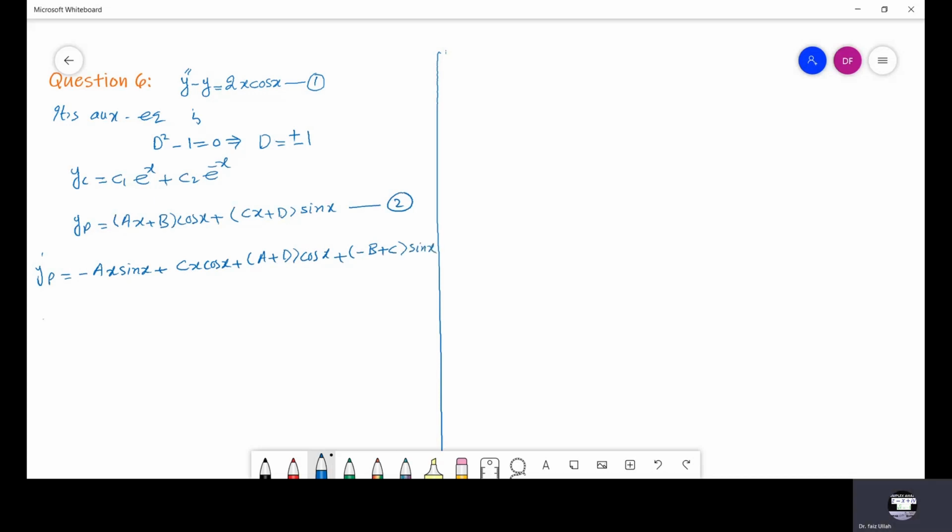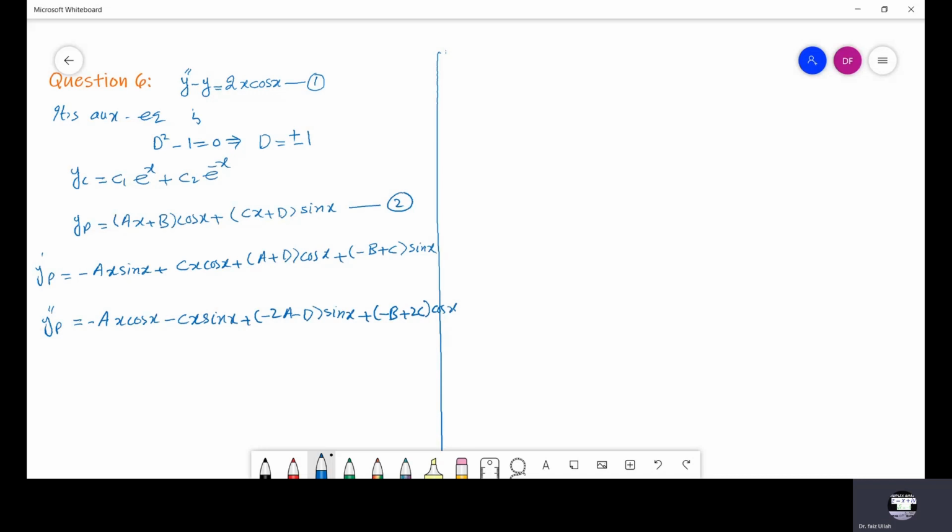And now let us find y double dash from this one. Differentiating once again, and if we simplify, we get minus ax cos x minus cx sin x plus (minus 2a minus d) into sin x plus (minus b plus 2c) into cos x.